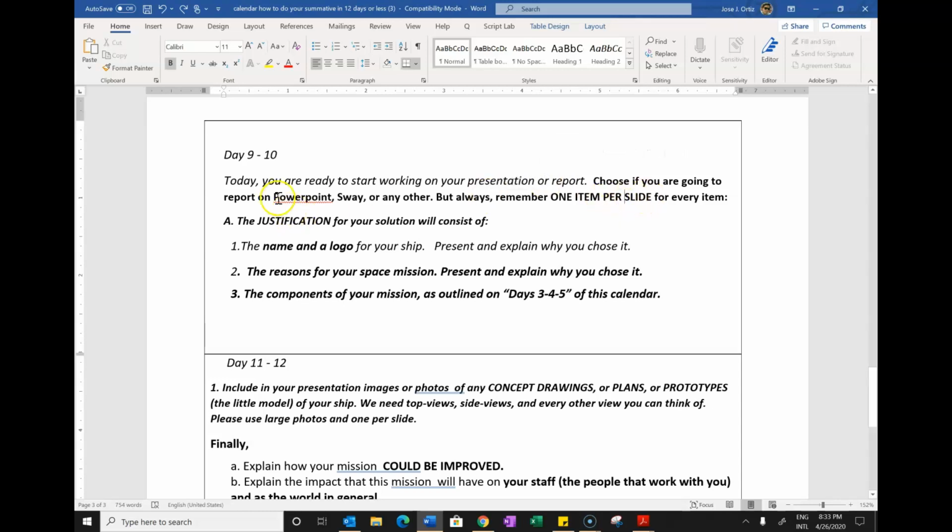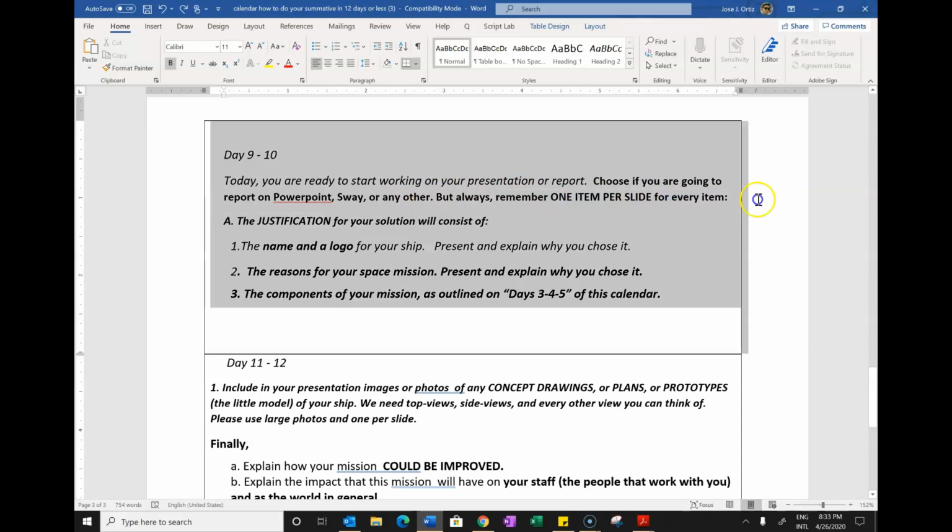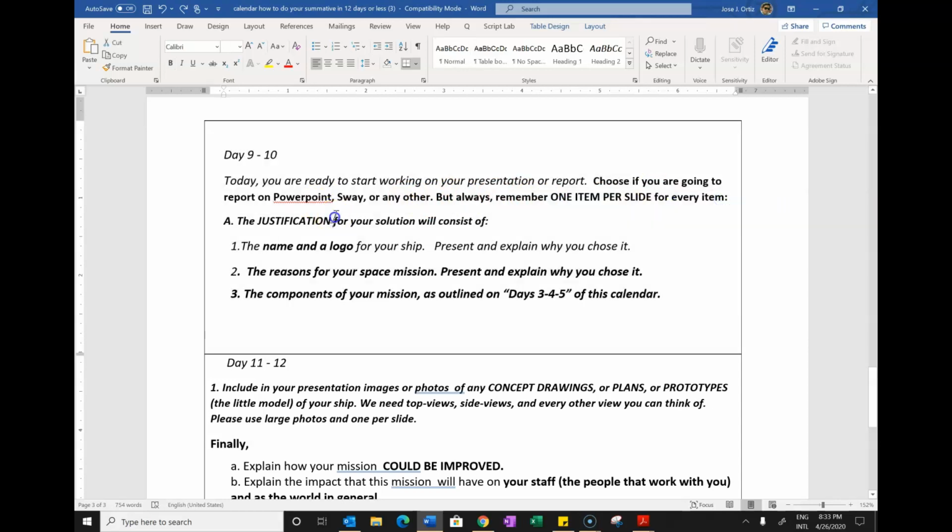Now you're going to choose if you're going to report with PowerPoint, Sway, or Word, whatever you like. But remember, one item of the following per slide or per page. Number one, the first thing you do is the justification for your solution. So solution in this case is the mission that we created.